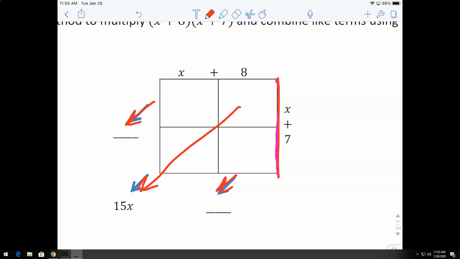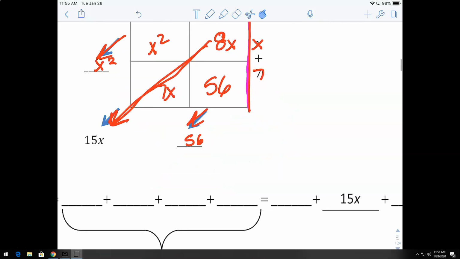So x times x makes x squared. 8 times x makes 8x. x times 7 makes 7x. 7 times 8 makes 56. This made 15x. See how it nicely went across and you didn't have things in your way. This made an x squared. This makes a 56. So that's why they do it on that side.